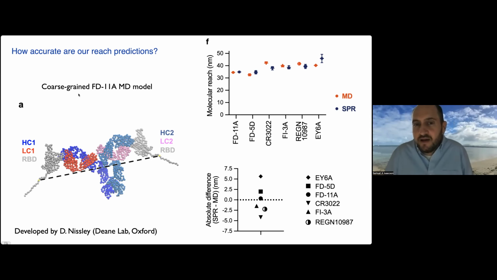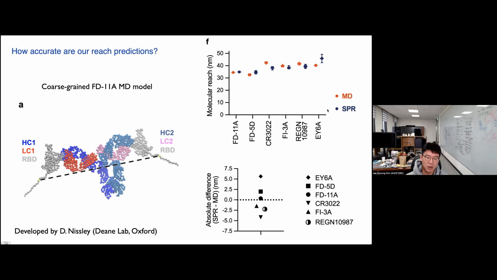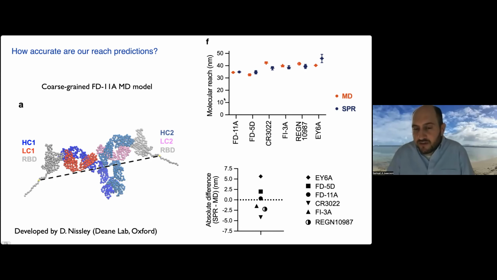What you see up here is what he predicts from MD and what we predict from fitting the SPR data. And you see quite good agreement. There's one antibody where the agreement is not amazing, but for the rest it's quite good. So that's another independent confirmation that these reach values we're predicting seem pretty reasonable.